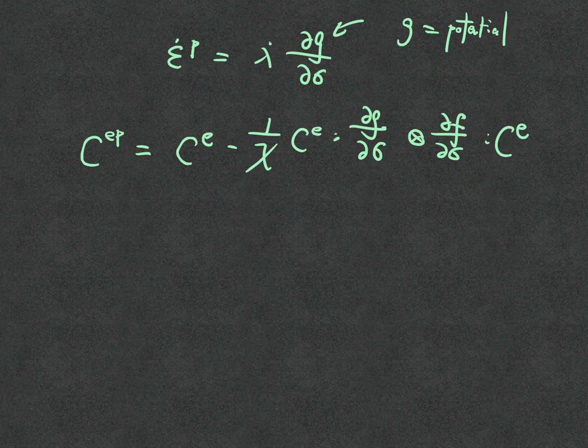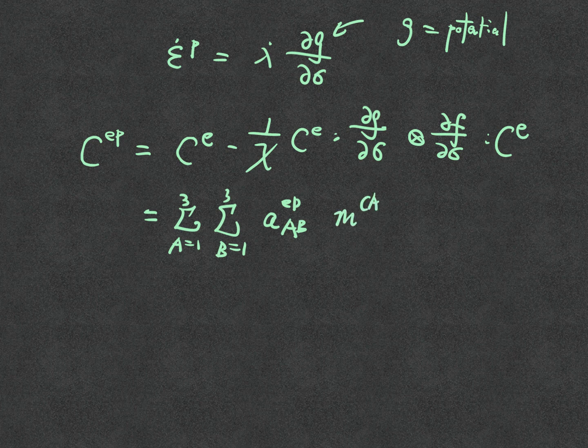Okay, so this is the expression, and if we remember what we talked about in the previous case, we will have something that looks like the elasticity tensor, but in this case we will have A, E, P, A, B, and A times n_B. And the second term, the spin term, interestingly, is identical to its elastic counterpart. Okay, why is that?